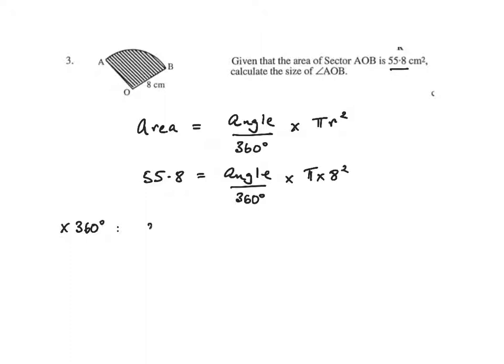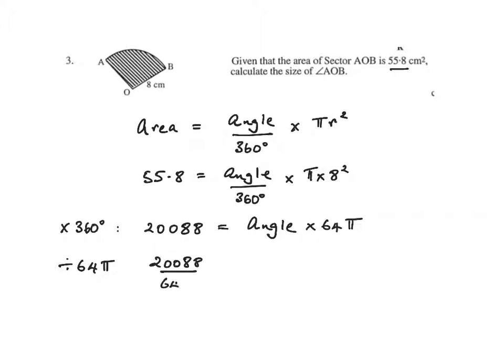And that gives 20088 equals angle times 64 pi, and what I want to do now is to divide by 64 pi, and the angle then is 99.9 degrees, and we'll round that up to 100 degrees.